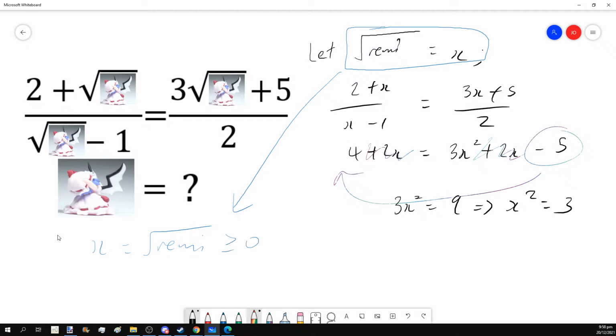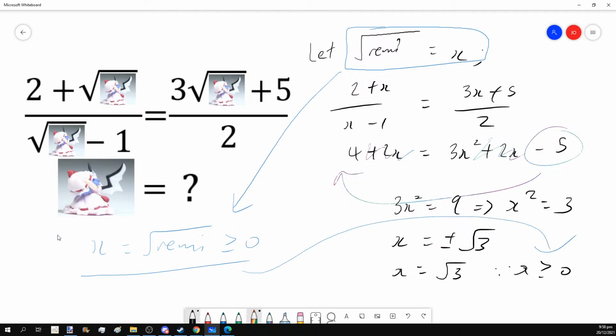In other words, when I take the square root and I have the plus minus, I can simply say that x is equal to the positive square root 3 since x is greater than or equal to 0. And from here, that means that your curled up Remilia, when taken under a square root, gives you square root 3, implying that Remilia is equal to 3.